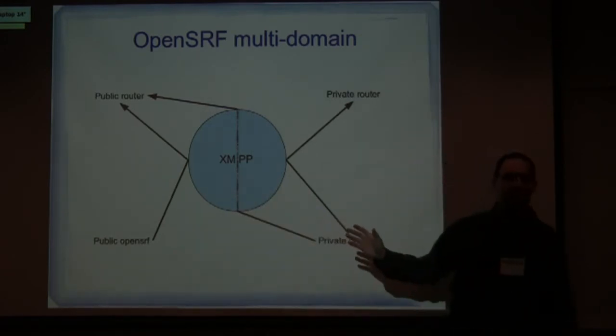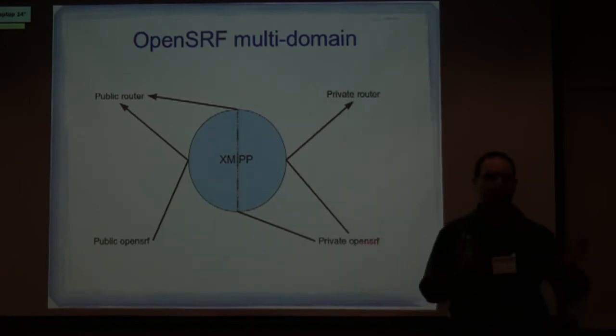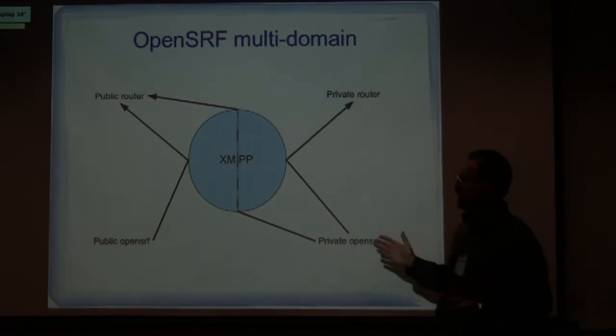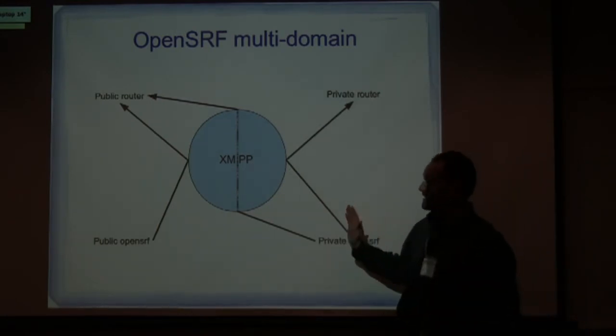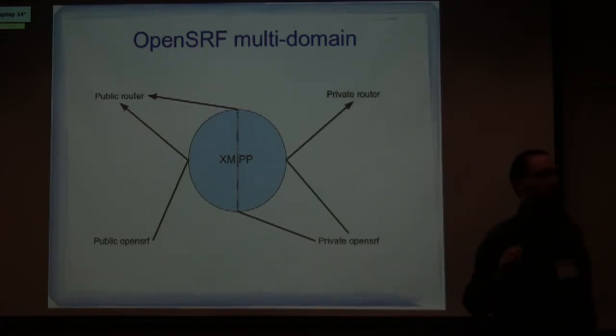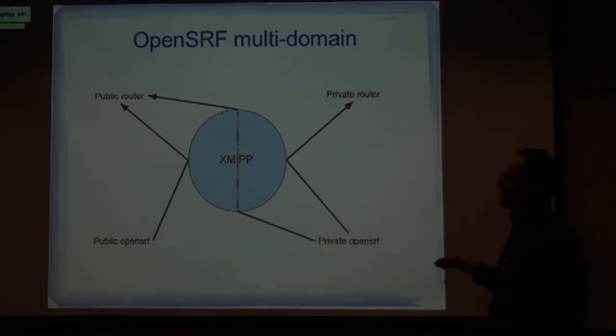This is a really bad diagram that shows how in OpenSRF 1.0 there was a distinction. There are public domains and private domains. Until OpenSRF 1.0, there wasn't much of a need for having a separate public and private domain because authentication to those was protected by the firewall. So unless you're behind the firewall, you couldn't talk to any of these services.